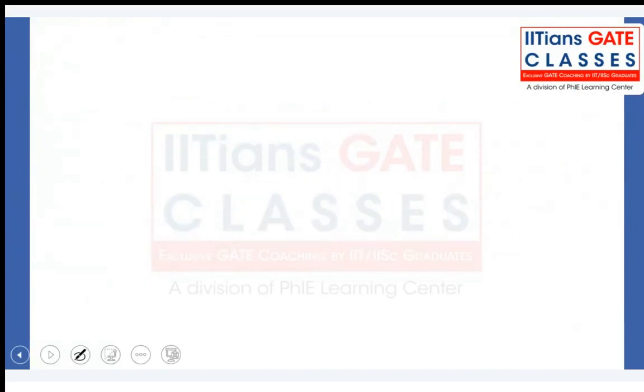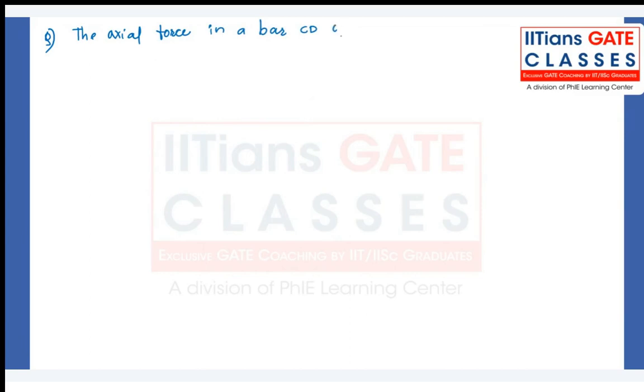Take a simple question. The axial force in bar CD of a simple truss supported and loaded as shown in the figure below.